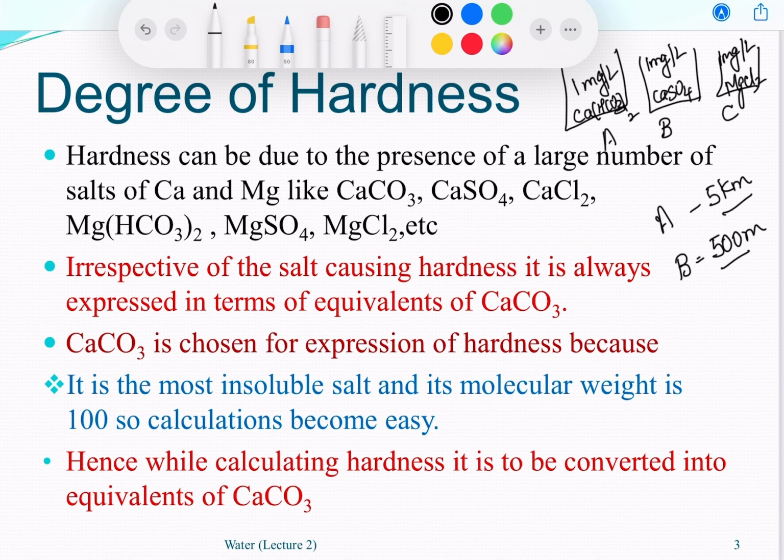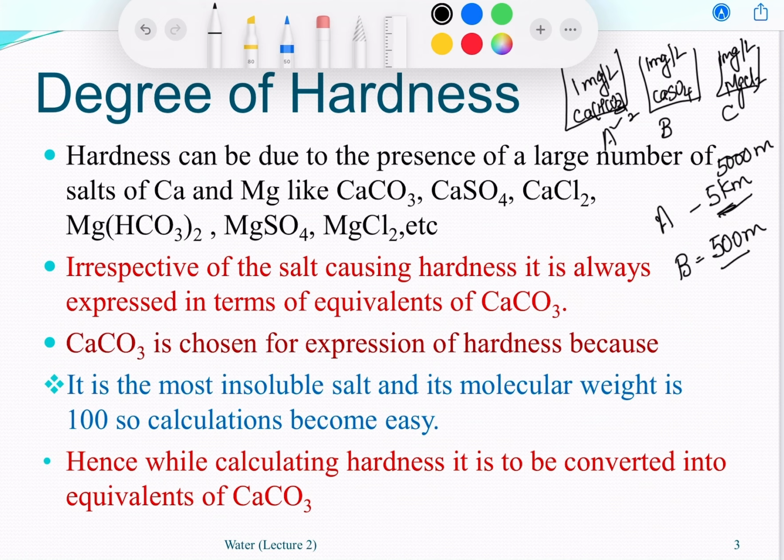Why are we able to say that? Because we know the units, we know the interconversion of units, and we know that 5 kilometers is nothing but 5,000 meters. Even if we were expressing in different units, we knew the relationship between the units.